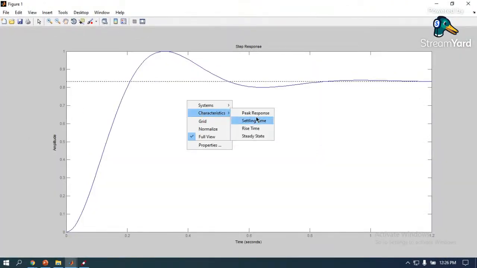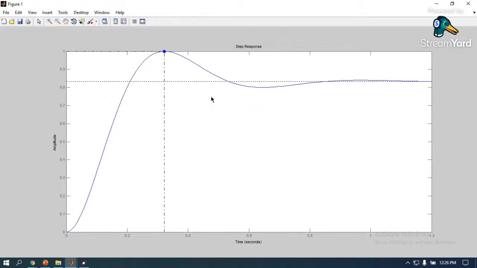Now you can see peak response and then steady state error. Overshoot is now 20%. As you increase the proportional gain, overshoot keeps increasing. And the final value here is now 0.833. Final value decreased, which means the error is higher.